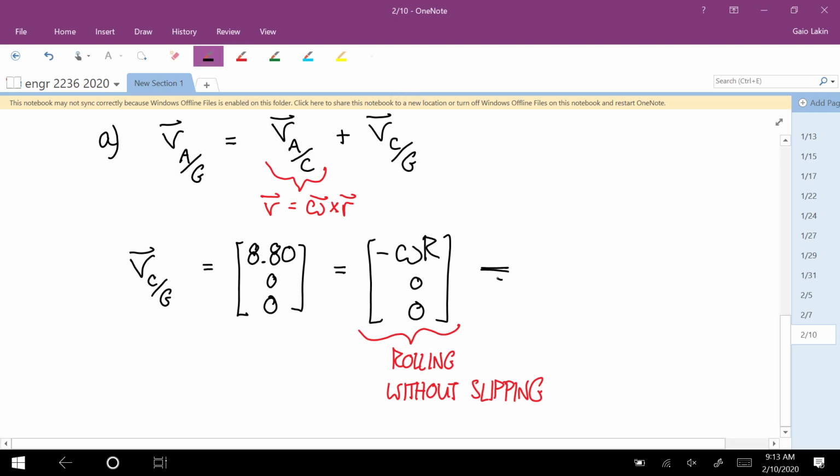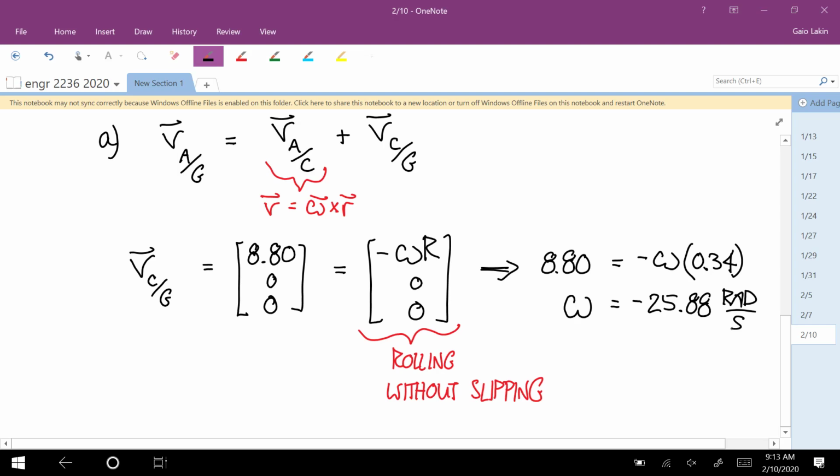And so this says that 8.8 is equal to negative omega times 0.34. And so omega is equal to negative, what's 8.8 divided by 0.34? 25.88. And the units are radians per second.